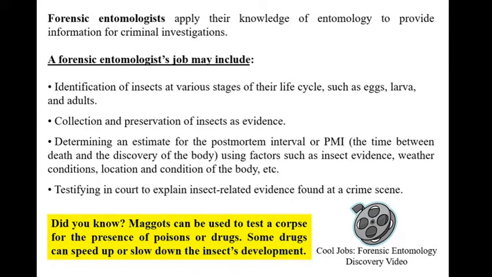So collection, preservation and transport are the major functions carried out by the forensic entomologist. Next, he has to determine the post-mortem interval, or PMI, meaning how much time has passed after death.